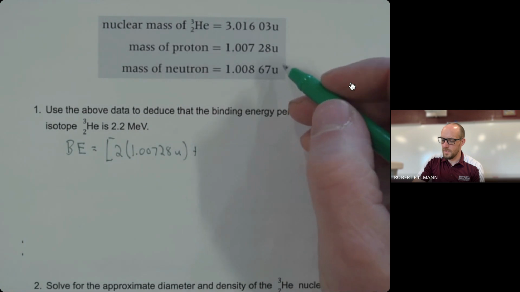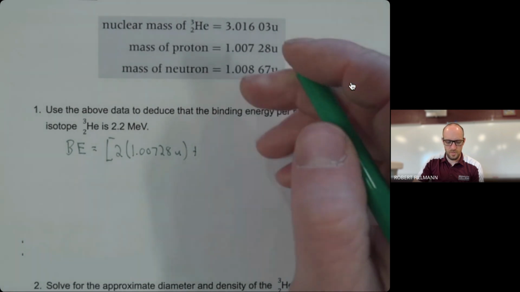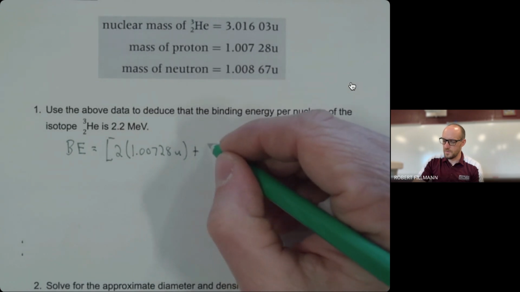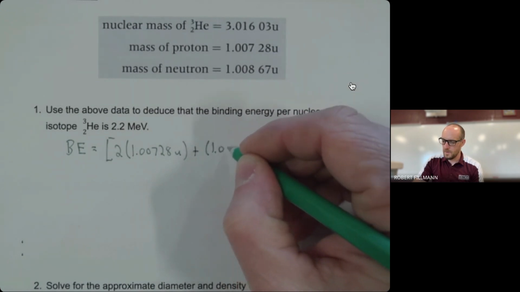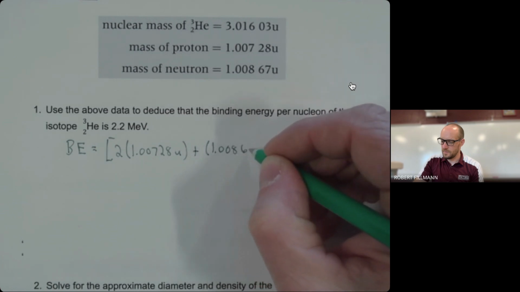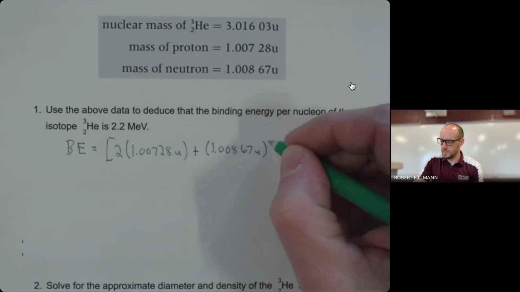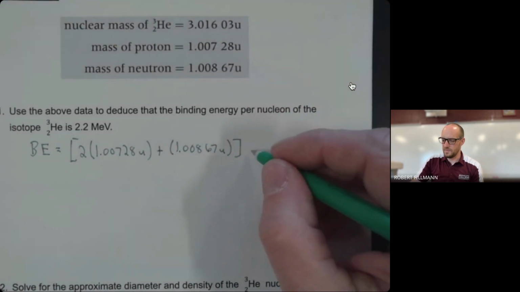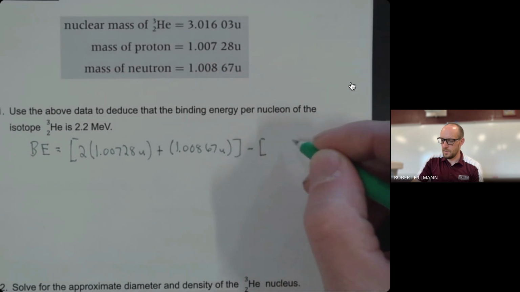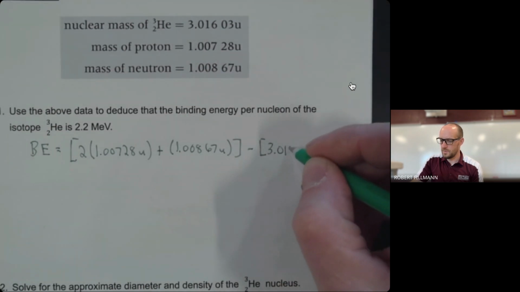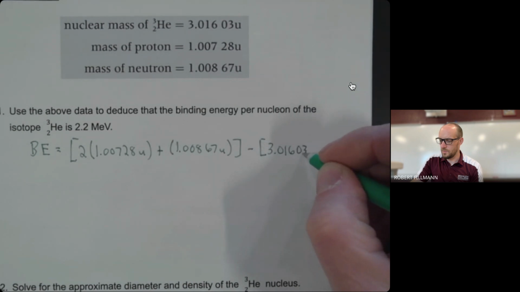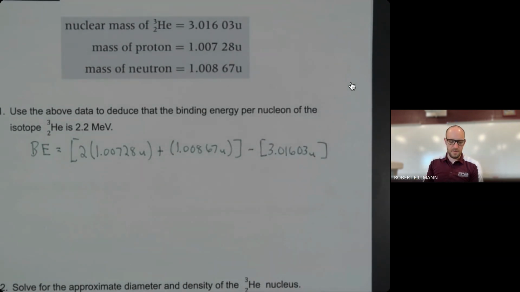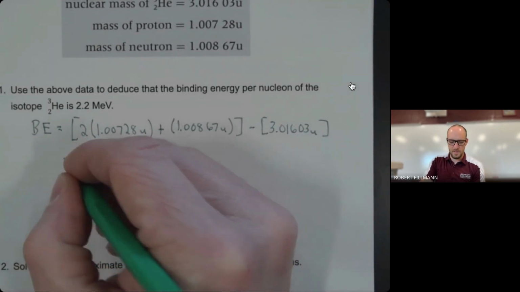And neutron-wise, if we have 3 total nucleons, there must be just 1 neutron. 0.00867. So this is once it's disassembled. This is the mass of everything. And then we'll just subtract the mass of the starting nucleus, 0.01603, to figure out the mass defect.